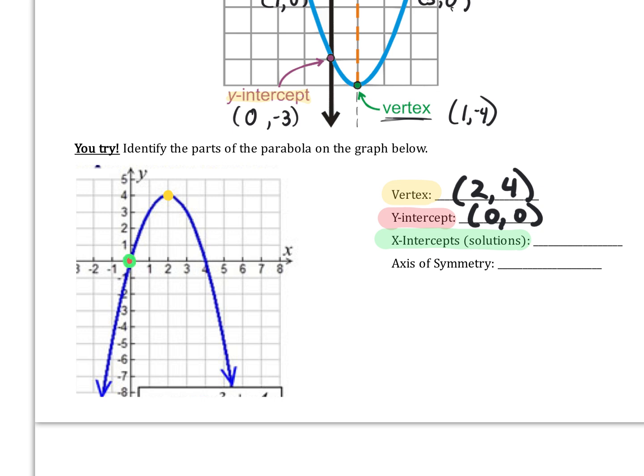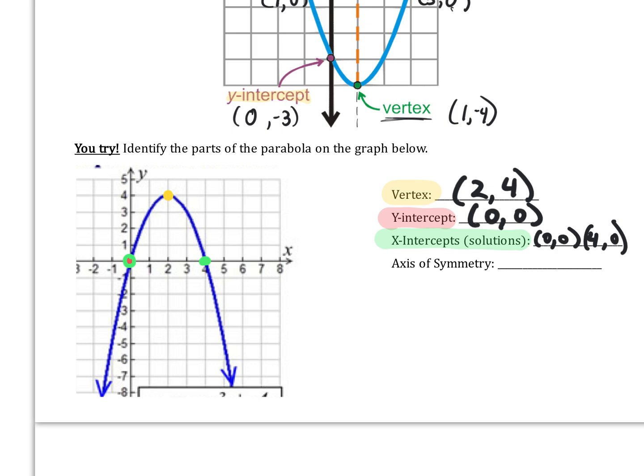This counts for two different ones, right? So my x-intercepts we know are 0, 0, and 4, 0. Do you see where there's 4, 0? Yep, right there.